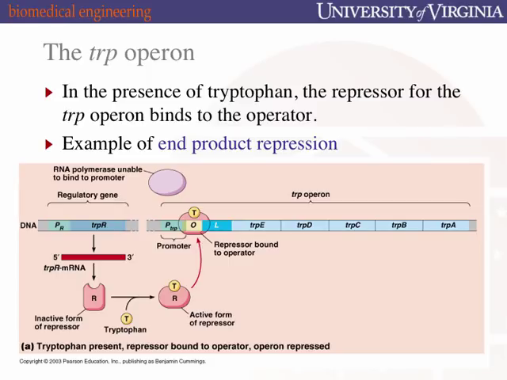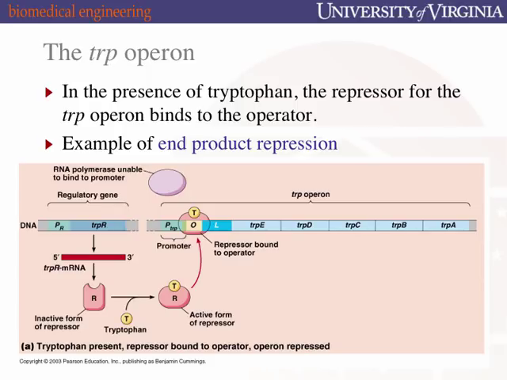Its ligand, or the small molecule that can bind it, is tryptophan itself. And to serve as a repressor, the trp repressor needs to be bound to tryptophan. Thus, in the absence of any tryptophan, the trp repressor is inactive. Okay, so the operator is unbound. The promoter is available for RNA polymerase to go in and transcribe.